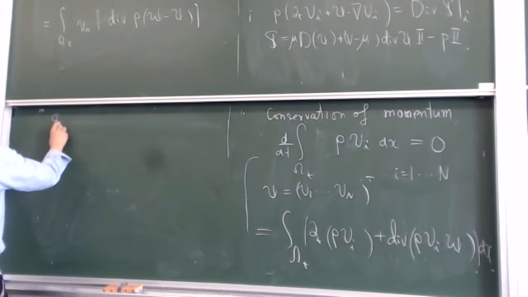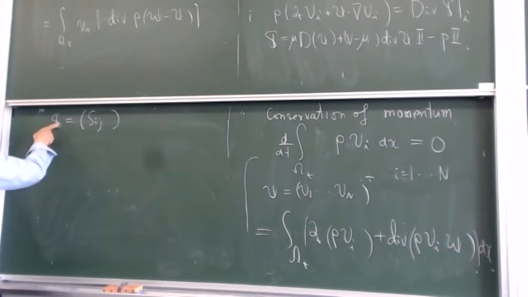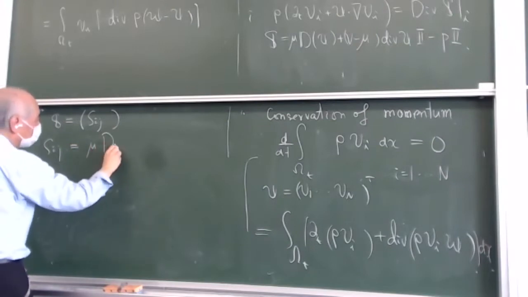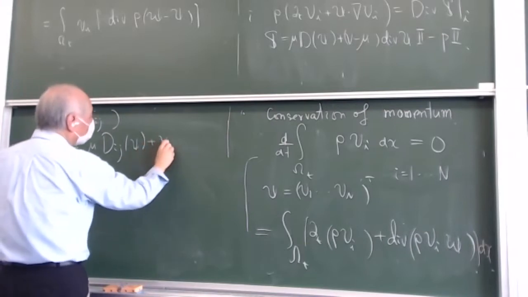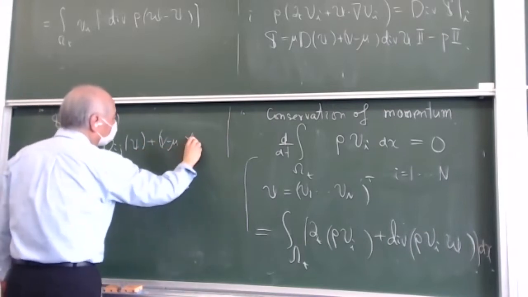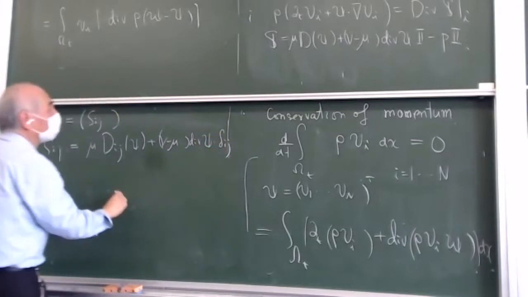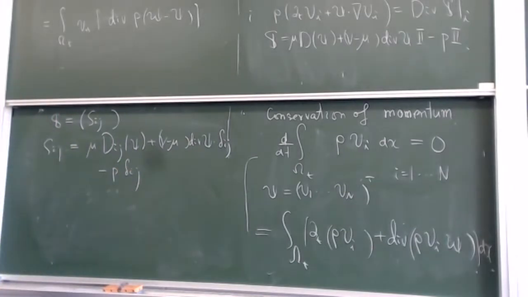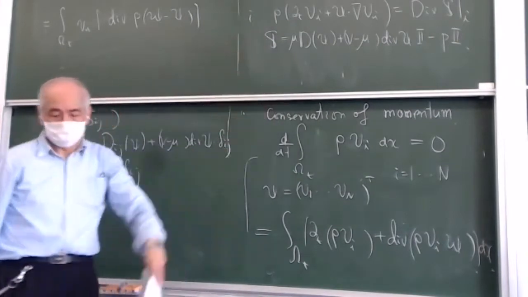So if you write the ij component of S, then Sij is mu dij plus mu minus b times divergence, and the divergence of v is a scalar, so the delta ij. So this is the ij component of the n by n matrix S.